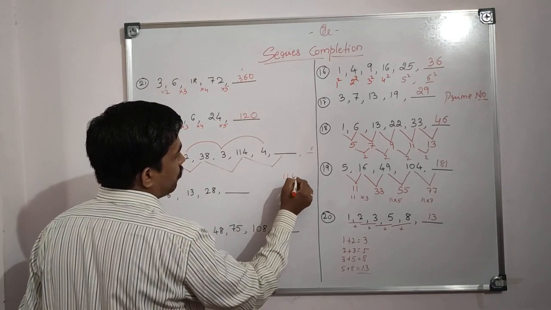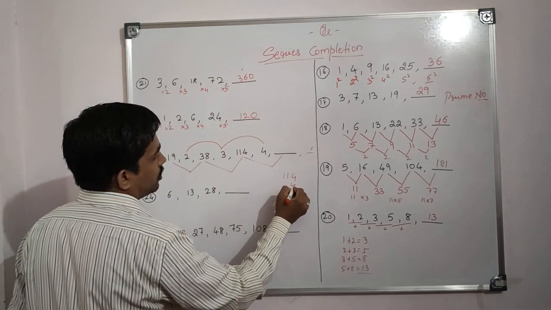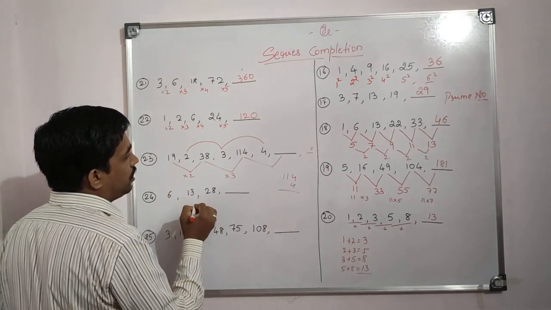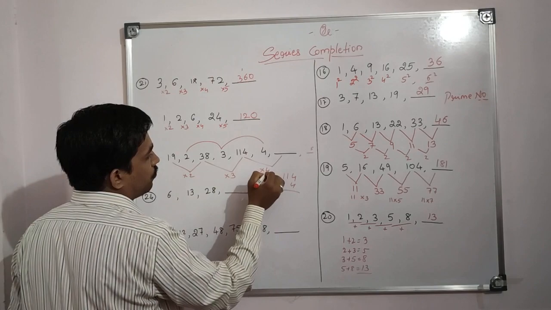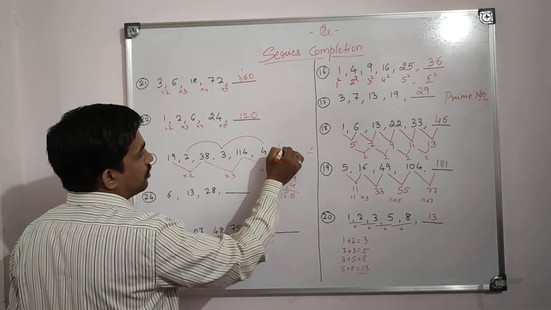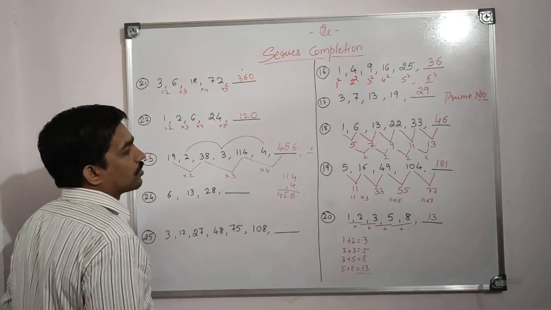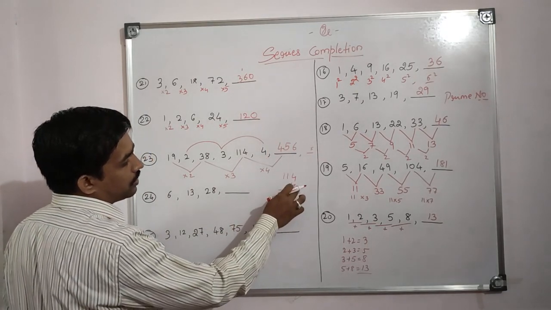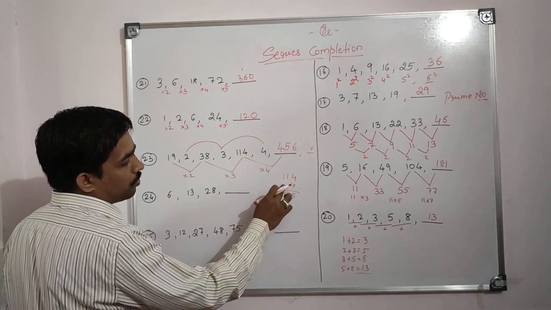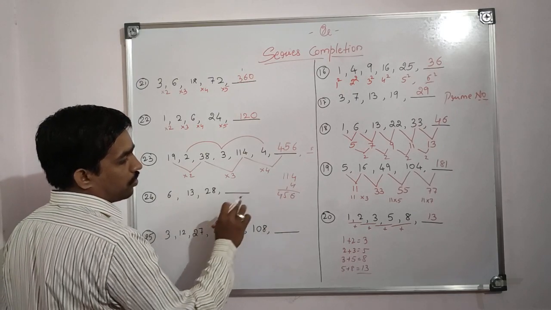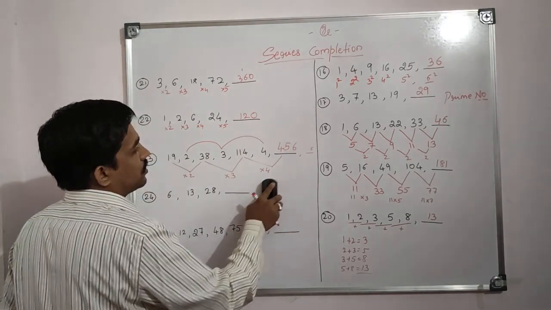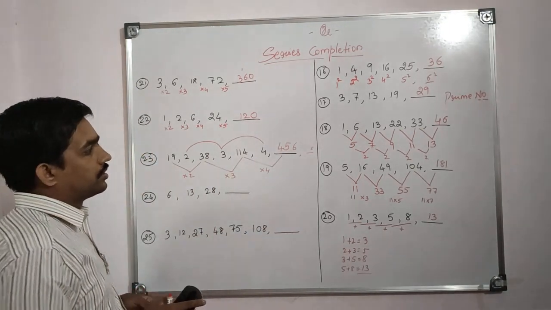And 114 into 4 is 456. 4 into 4 is 16, 1 carry 6. And 4 into 1 is 4 plus 1, 5. So our answer is 456.